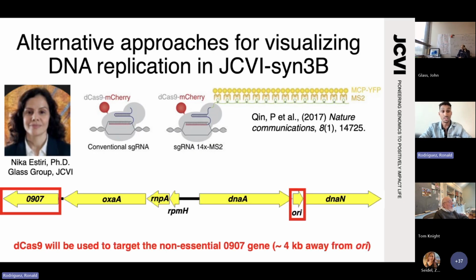So what we want to do is adapt this methodology and target a non-essential gene that is relatively close to the origin of replication, as you can see here. And because TJ's lab has access to really high resolution microscopes, the advantage with DnaA labeling is that DnaA labeling allows us to look directly at the origin of replication.